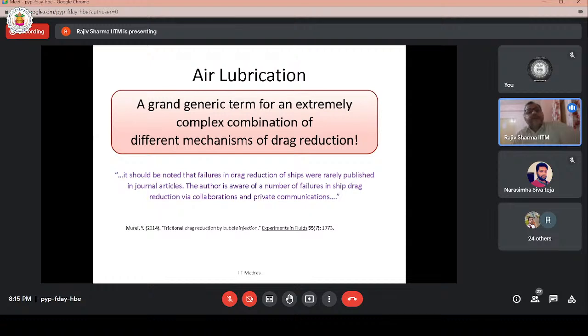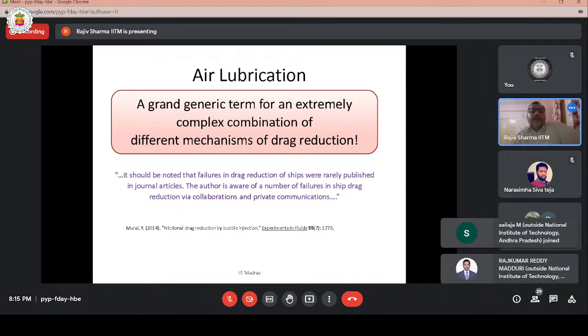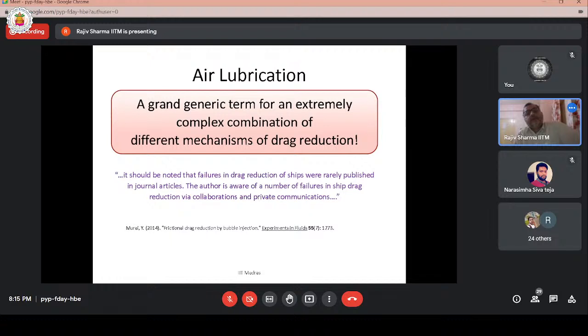All these drag reduction techniques are highly engineering specific. Shape, size, combination, all these are important.